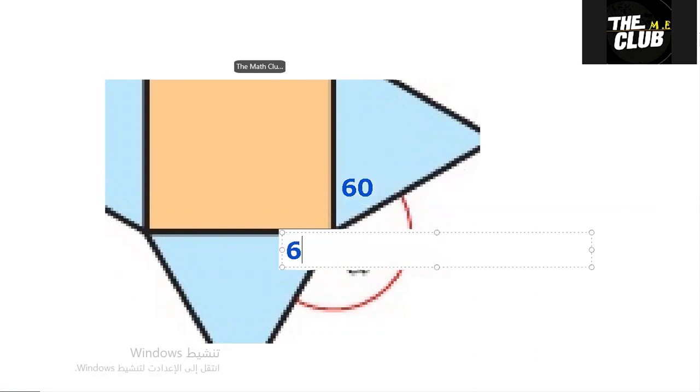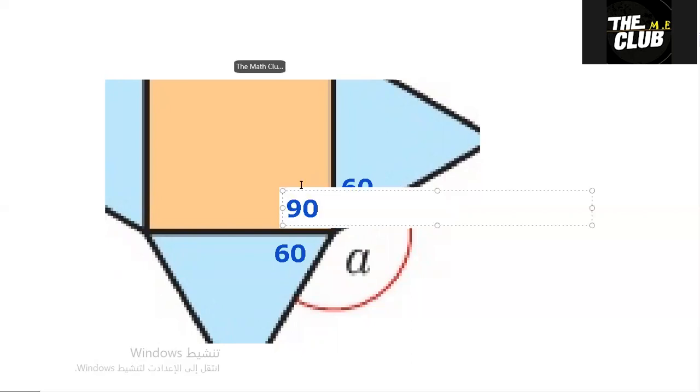Now, we need the angle of the square. The angle of a square is always what? Very good, a right angle. So this one is 90. So we know that this is 90, this is 60, and this is 60, because this is an equilateral triangle and a square.